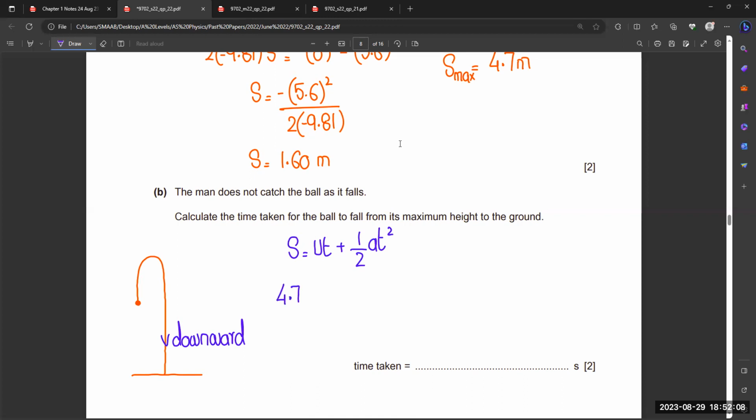This is 4.7, we already calculated from the ground. And the value of u is now 0, right? Because we are talking about downward motion. So for downward motion at maximum height, initial velocity will be 0.